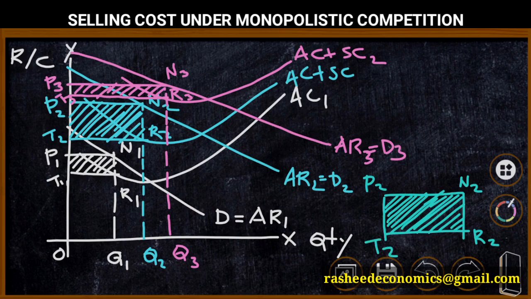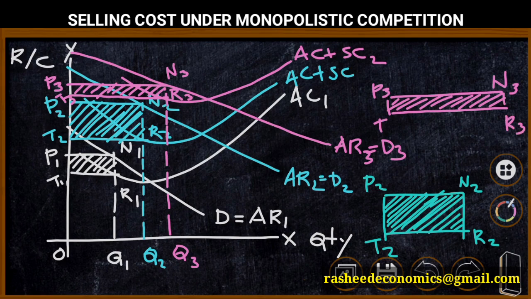This area is the total abnormal profit enjoyed by the firm under monopolistic competition at the initial stage of selling cost. Now the firm is incurring additional selling cost, spending more and more money on selling or advertisement. The total profit enjoyed by the firm will be this much area. This is P3, N3, R3, T3.